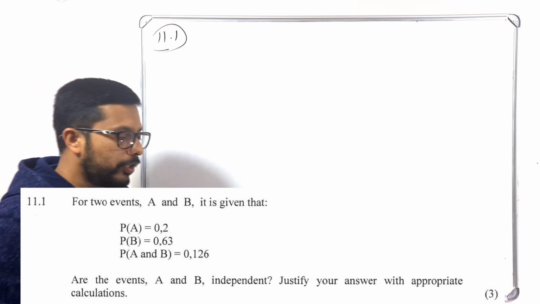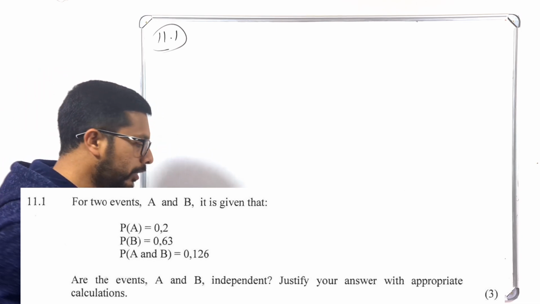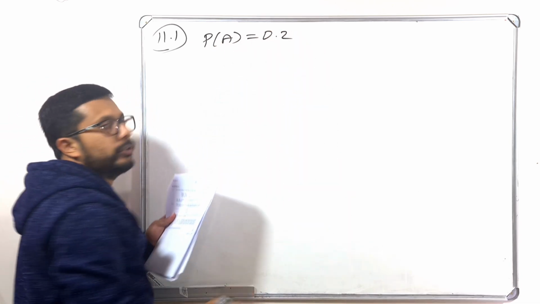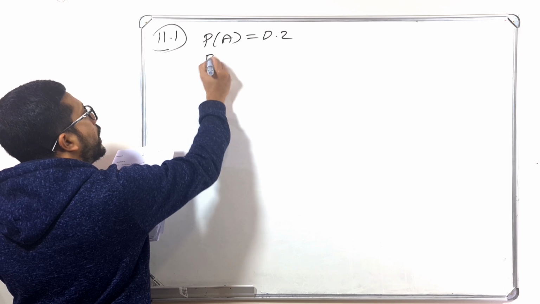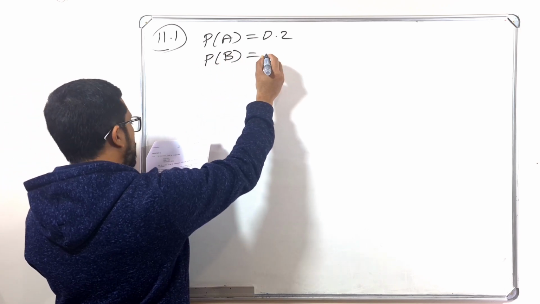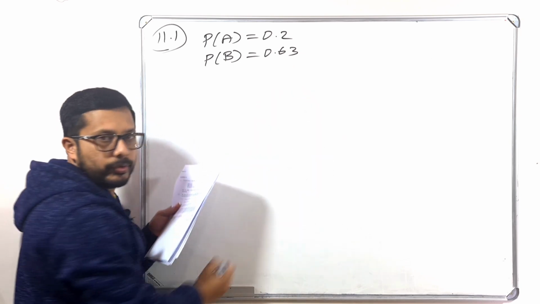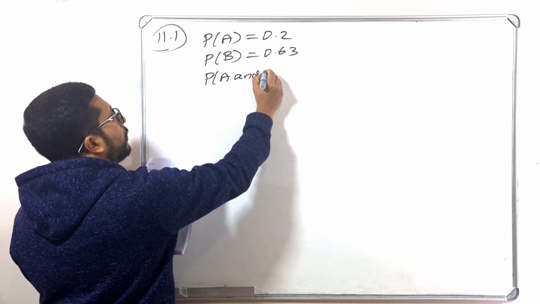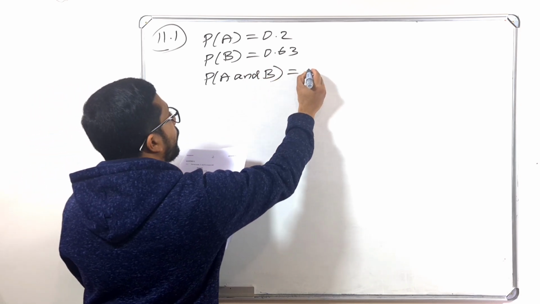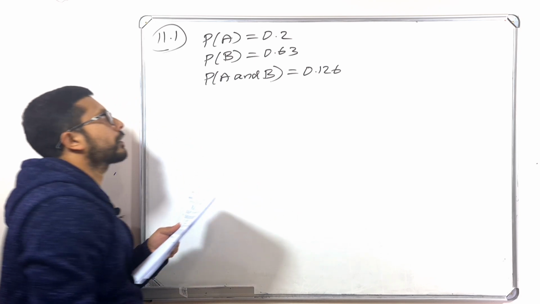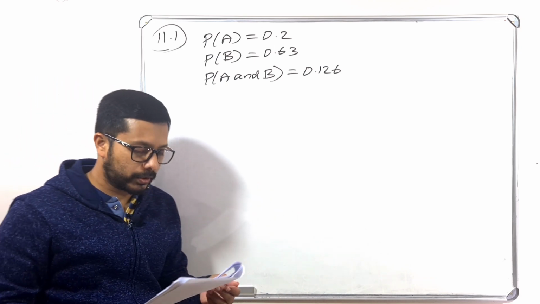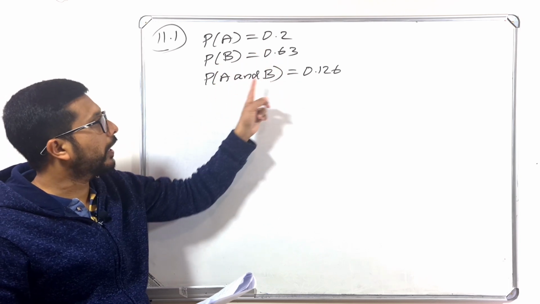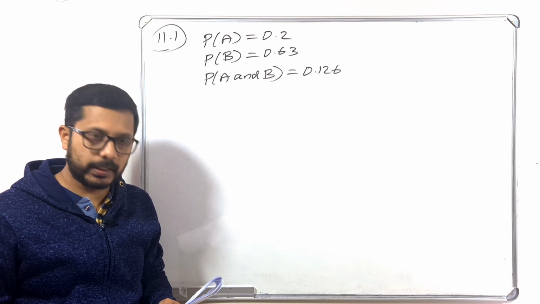For two events A and B, it is given that probability of A is 0.2, the probability of B is 0.63, and probability of A and B is 0.126.